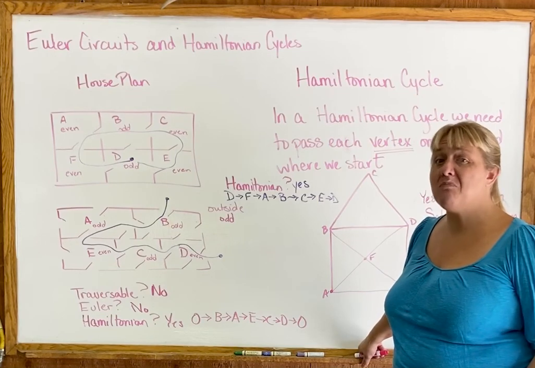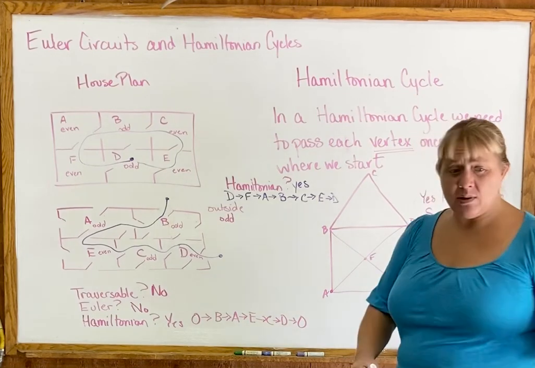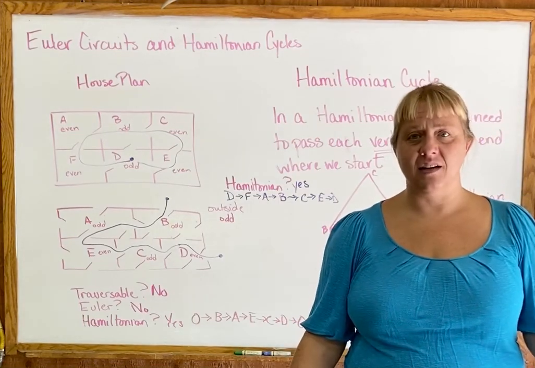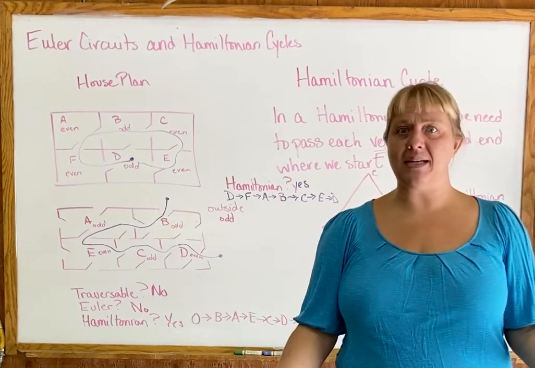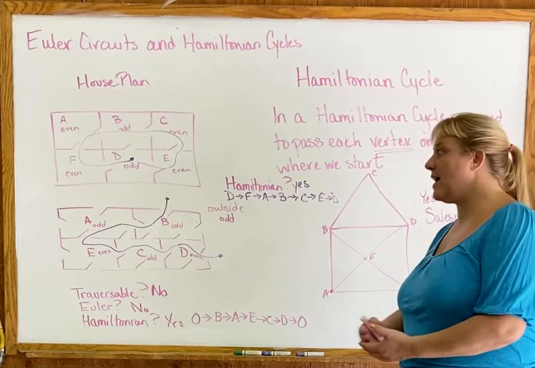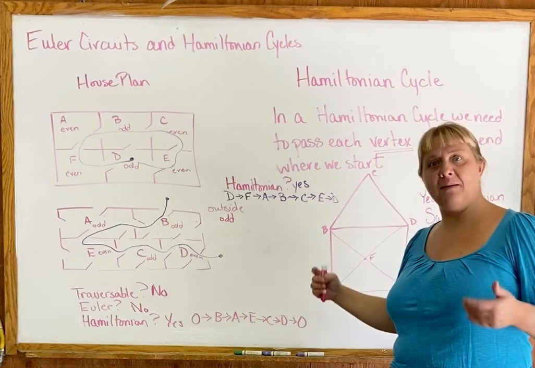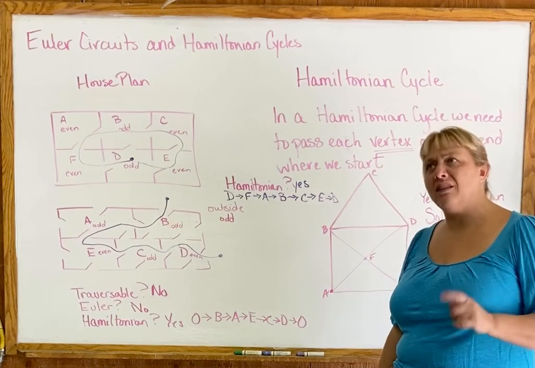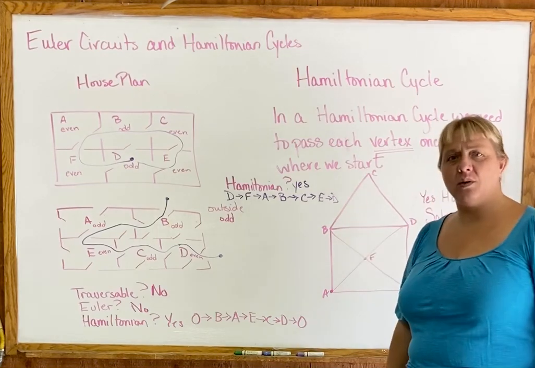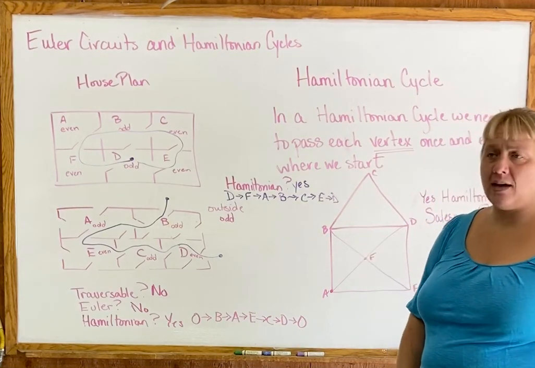Cal Poly has a number of parking lots where you turn one way into the parking lot and all of a sudden you're at a dead end. And if the parking lot's full, it's a real pain in the butt to get out of. Those parking lots are not set up with an Euler circuit in mind. Funny that Cal Poly, of all places, didn't take into account Euler circuits and Hamiltonian cycles.